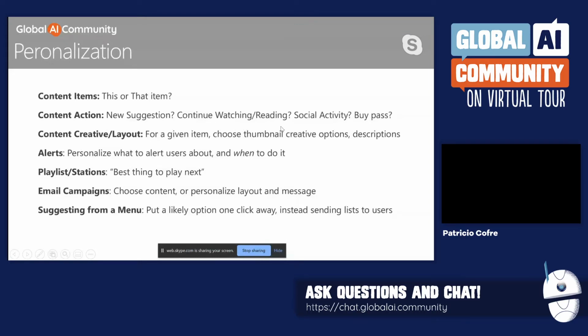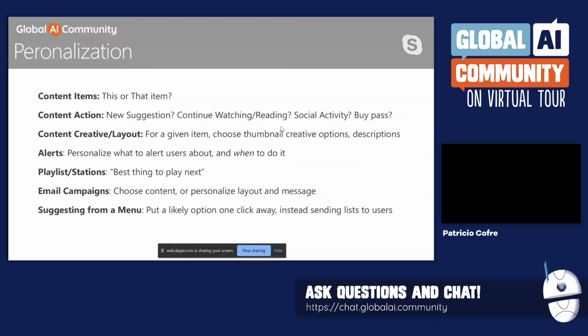It also works for any content action. For example, if we want to show an action to a customer in order to follow a desired pipeline, the suggestion can be continue watching, continue reading, or a social activity option. We can buy a pass or buy something, so we can change the customer journey by showing different activities.